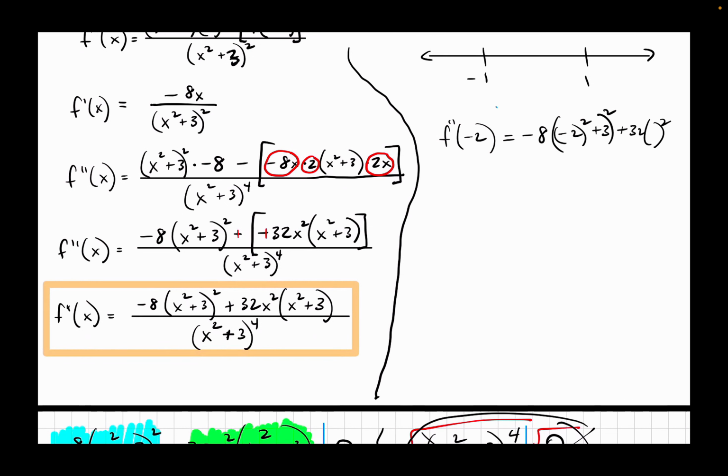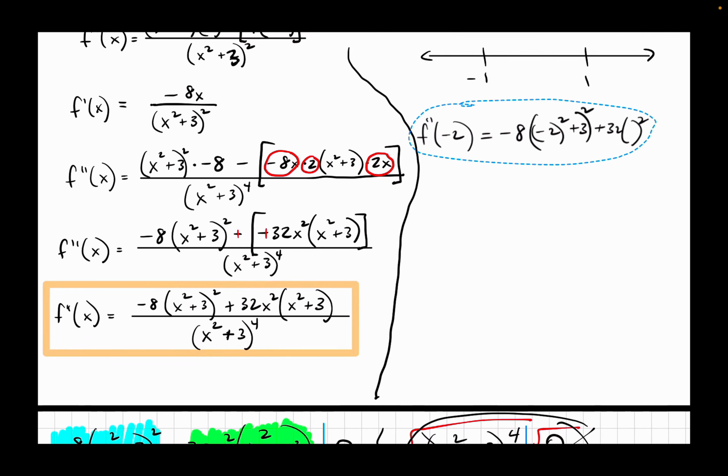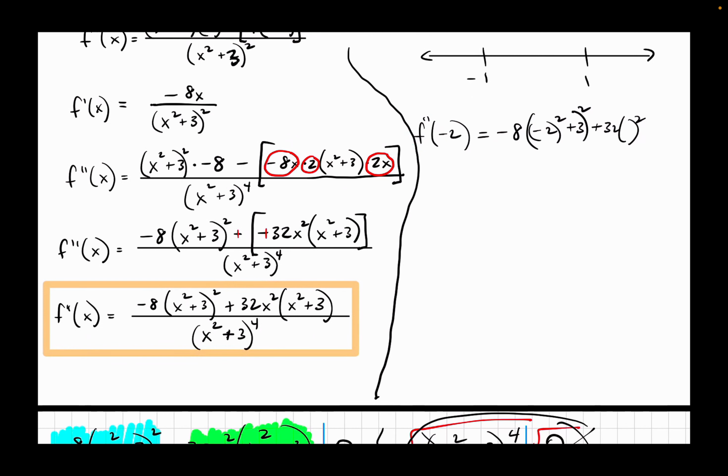Let me run out of room here. What we talked about, a lot of these are always going to give you positives. Like the bottom of the second derivative is always going to give you a positive.